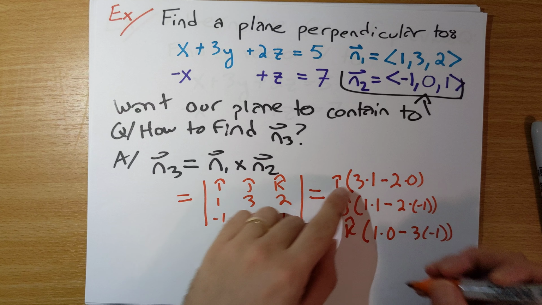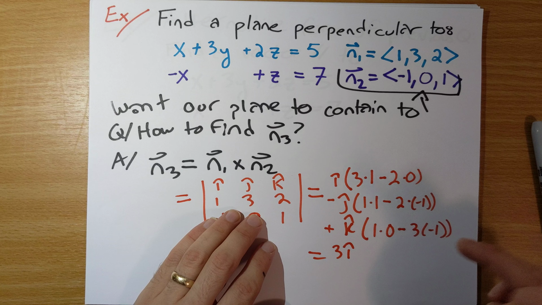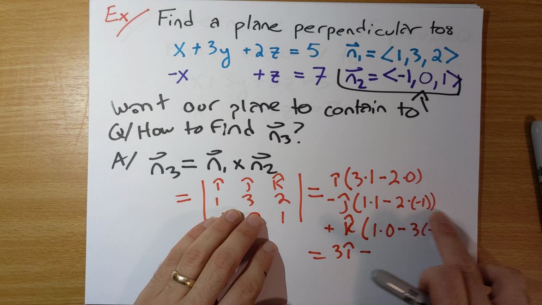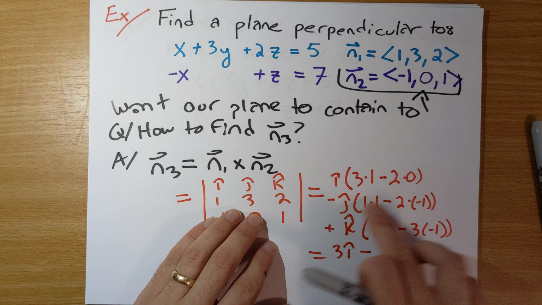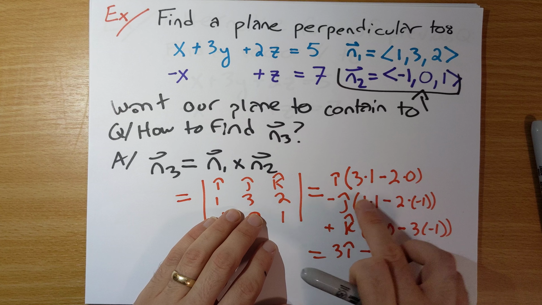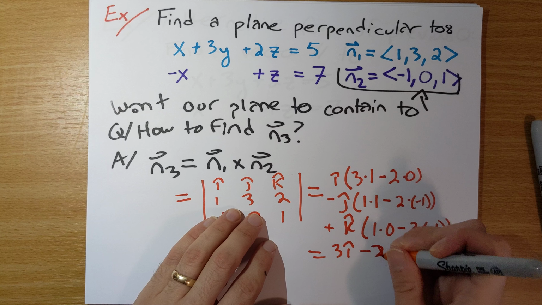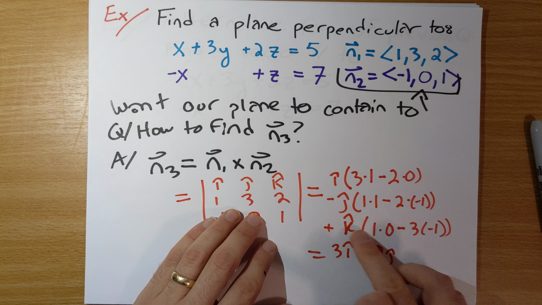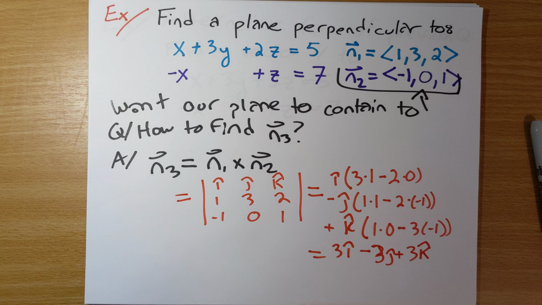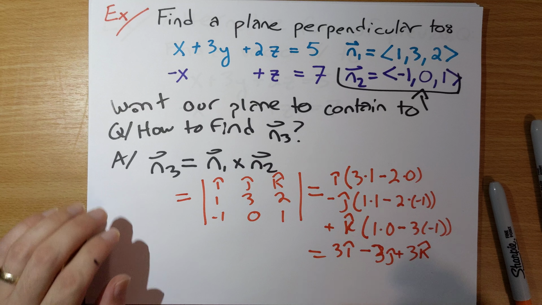This crunches out as 3i hat, minus, okay, let's see here, 1 minus 2 is negative 1, times, 1 plus 2 is 3, negative 3 j hat, and this would be plus 3 k hat here. So our normal vector is 3, negative 3, 3.